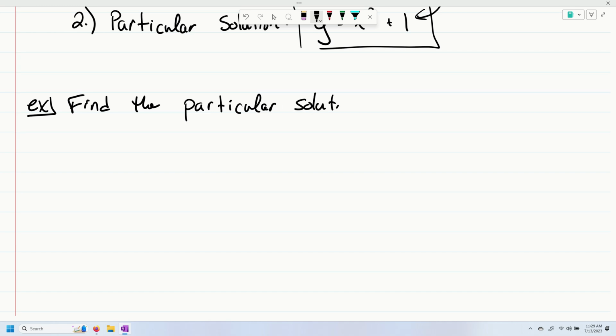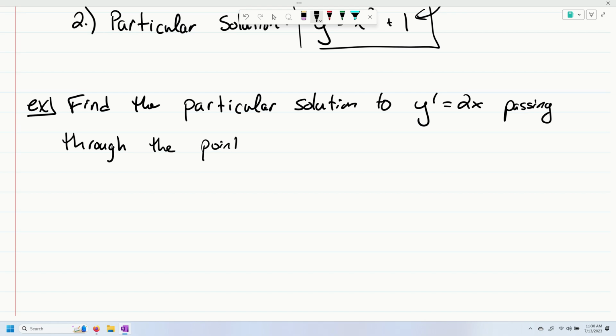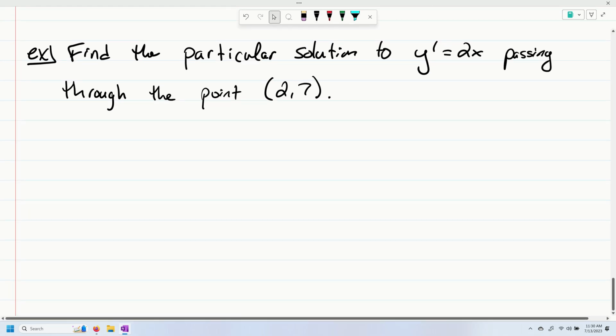Let's find a particular solution to y prime equals 2x passing through the point (2, 7).